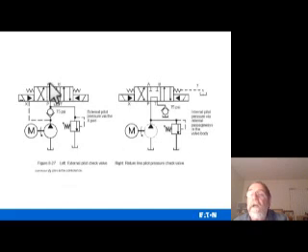Now this is how you'll see some of the direction control valves set up in the system. This is your motor that's driving your pump. Okay, this is your line going from the pump to the tank, and this is the outlet going to the pilot.